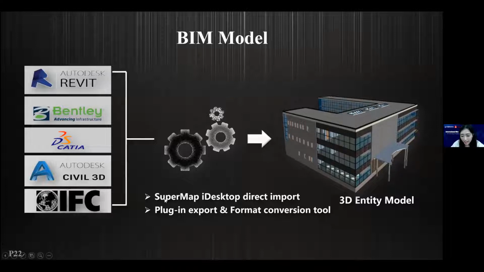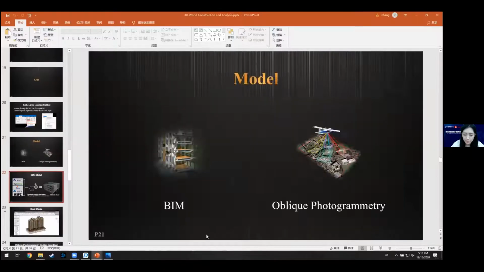The first method is to directly import the BIM model, and the second is to use the plugin to export your model and import it with the format conversion tool.